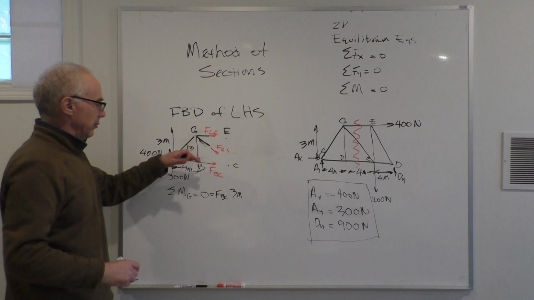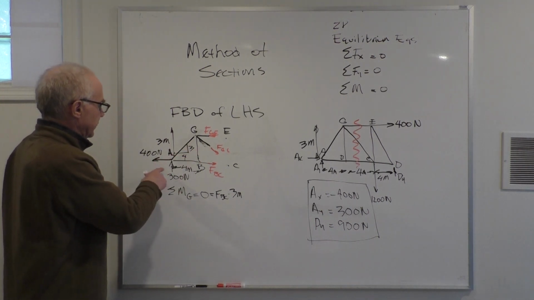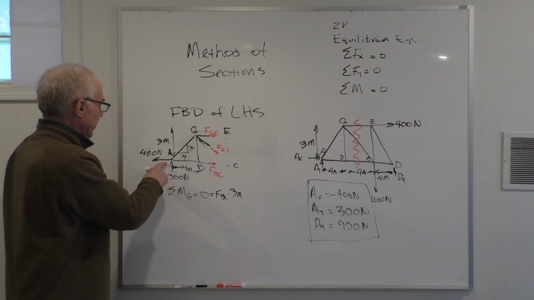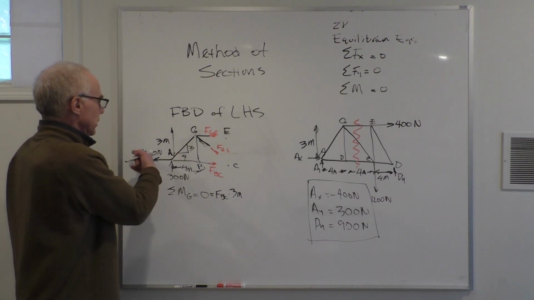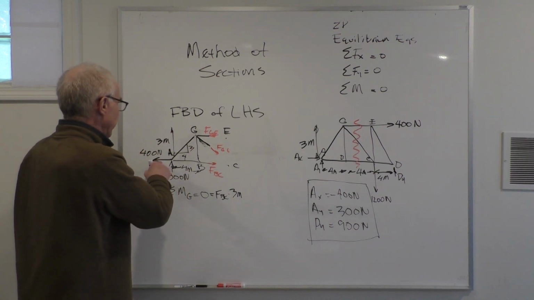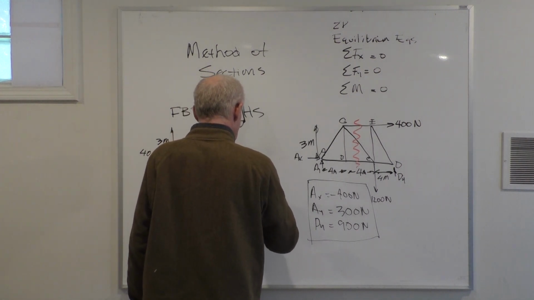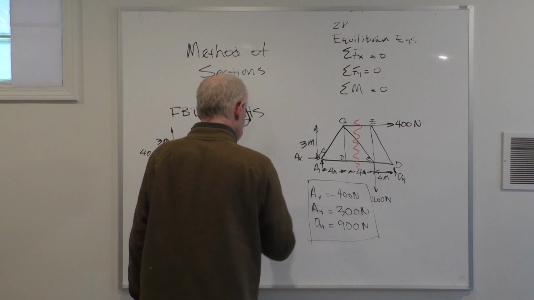Right, the moment arm is 3 meters in this case. And then we have all these other ones. Oh, we have 2 more. We have a force here and a force here. This force is 400 newtons in this direction, so that's going to be clockwise, so it's a negative value. 400 times 3. So negative 400 newtons times 3 meters.